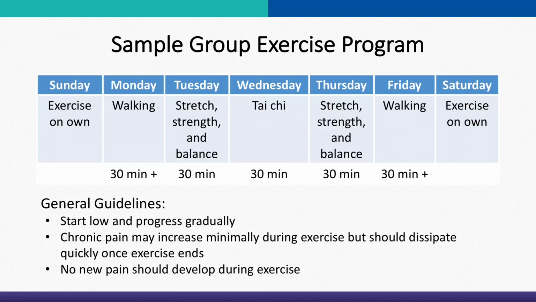For our case example, Henry joins a group of other residents for the daily activity program that is organized by a physical therapist or recreation therapist at the long-term care home. On Monday and Friday, the group walks at a pace and distance that is comfortable for each resident, aiming to achieve a moderate to vigorous level of intensity.